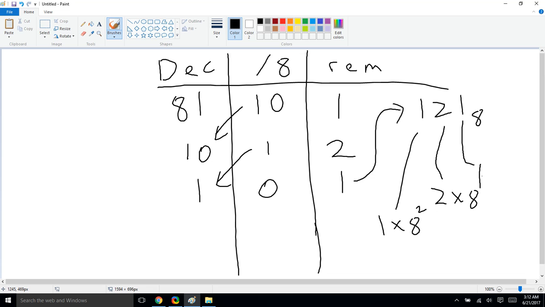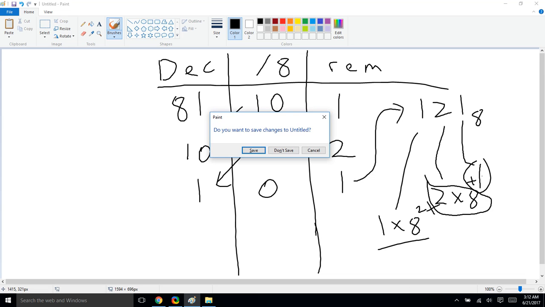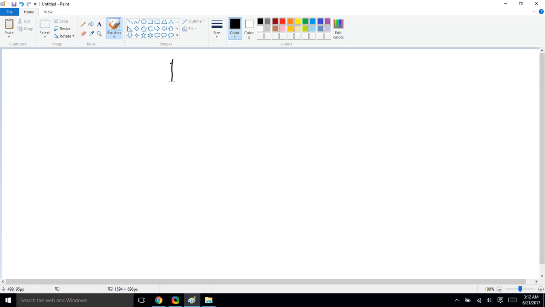And we add all those up. So we have 64 here. Then 2 times 8 is 16. That's 80. Plus 1 is 81. You can do another example. Go ahead and do one more.